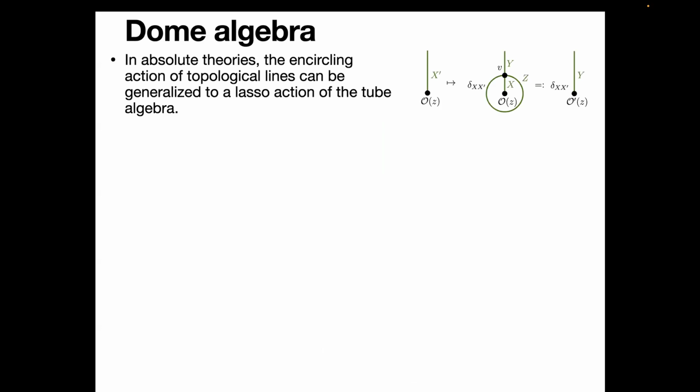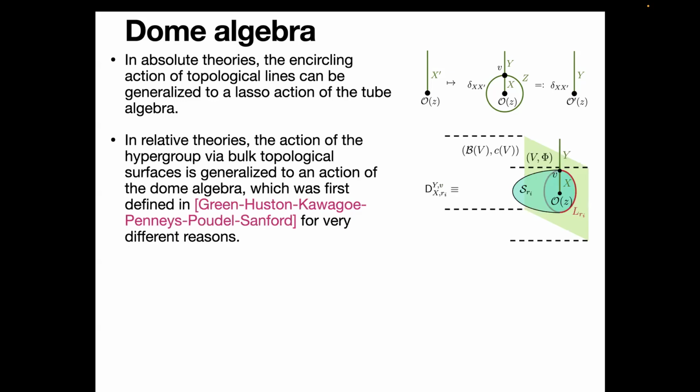Good. So one comment is that you can generalize this discussion. In absolute theories, we know that on top of considering just this encircling action, there's a more general action which incorporates the twisted sectors, which is this action by lassos, which is an action of the tube algebra of the fusion category. And my claim is that in relative theories, the analog of the tube algebra is something called the dome algebra.